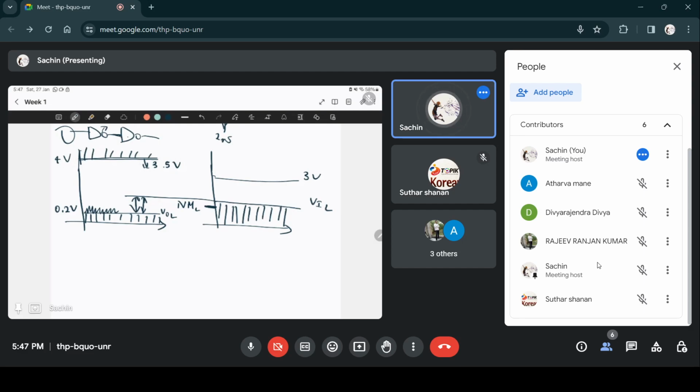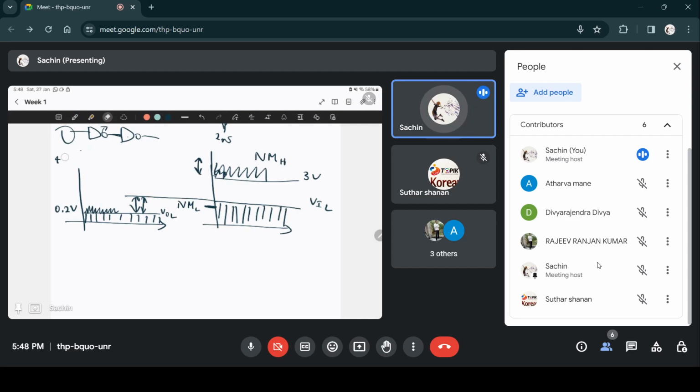So even though this 4 volts got reduced to 3.5 volts by noise, the second inverter still considers this signal as high. So there's kind of a margin, a room for error that you have in the high side also. So this room for error is called the noise margin at the high side, noise margin high, NMH.